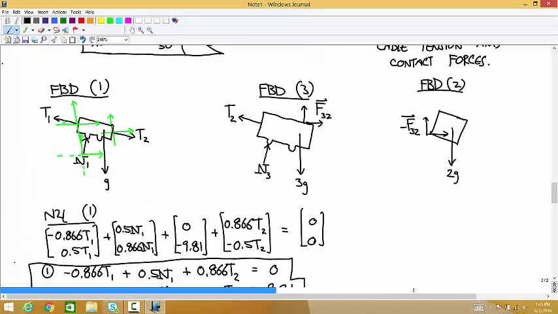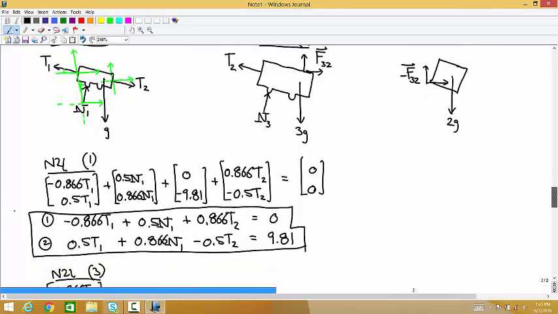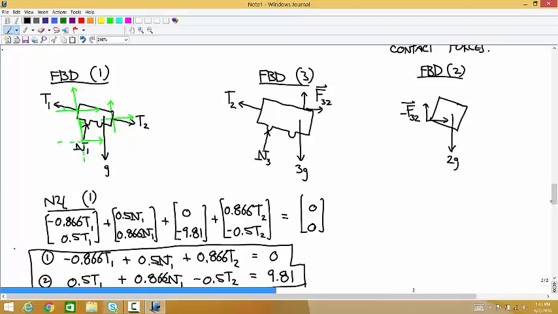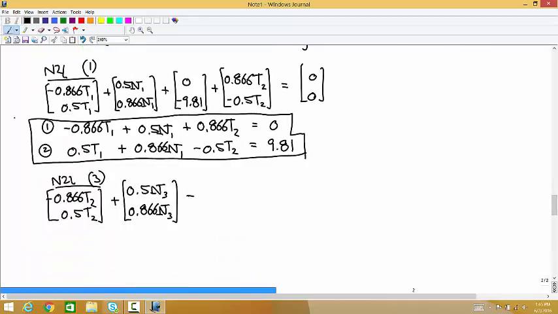What's the angle for N3? 60. So we have 0.5 N3, 0.866 N3. Then the weight, that's the easy one. That's 0, negative 29.43.